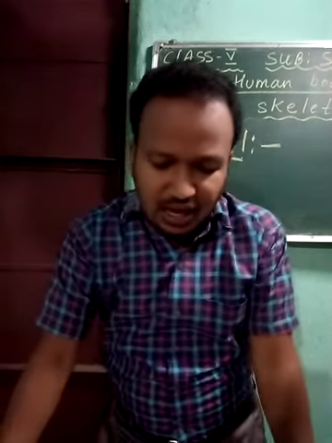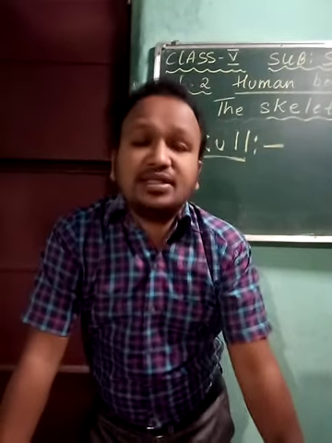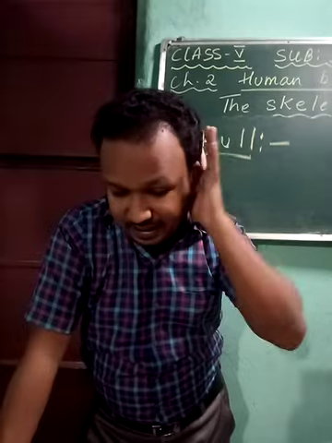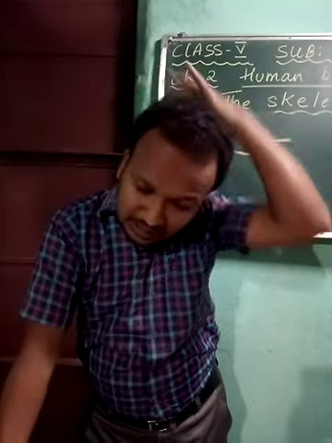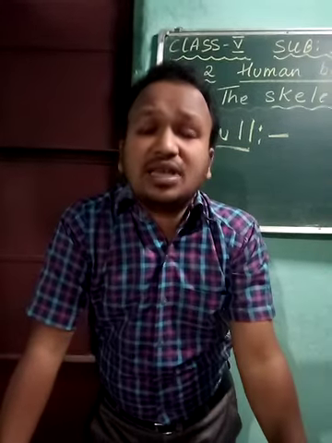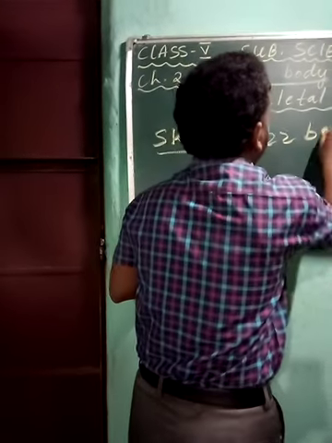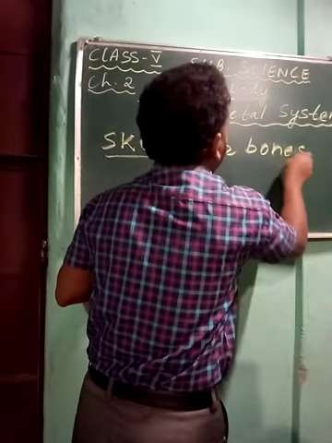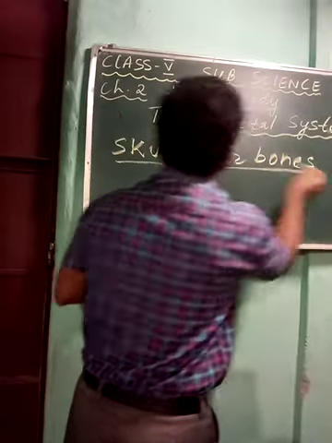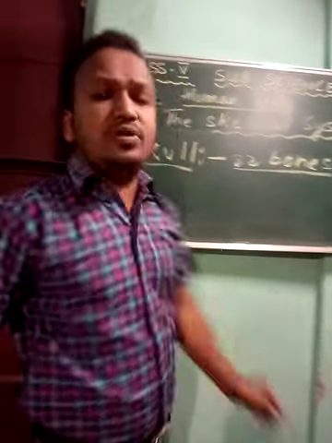Now you see, the skull is the round structure of our head. The skull is made up of 22 bones.